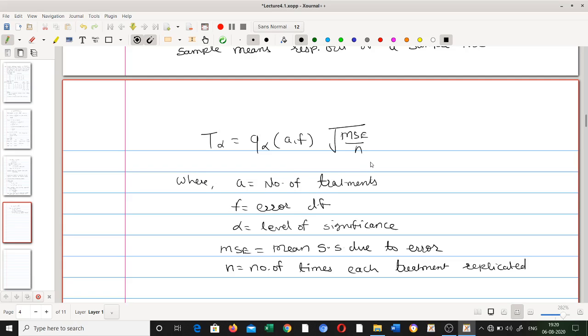If ni's are different, then we have to use another formula, which is like this.